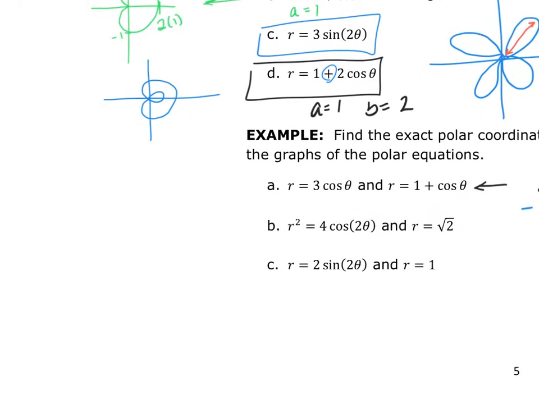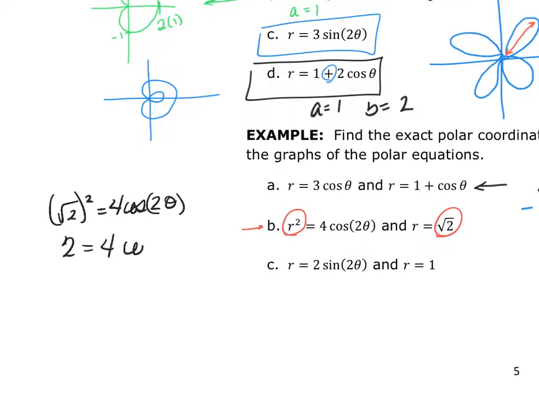On this one right here, on B, I am going to do a substitution again. I'm going to replace r squared with the square root of 2. So I have the square root of 2 squared is equal to 4 cosine 2 theta. So 2 is equal to 4 cosine 2 theta.